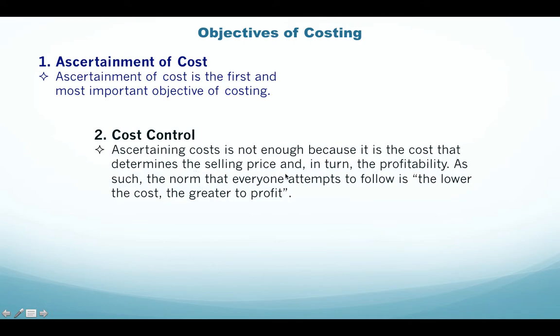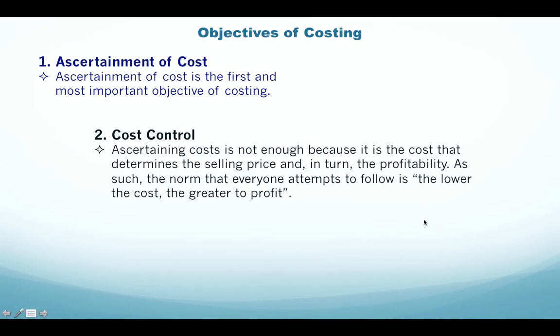determines the selling price. In your final period, the next topic is pricing, and that is determining the selling price. And basically, in determining the selling price, what is important is the cost information. So, your selling price will in turn determine the profitability of the business.